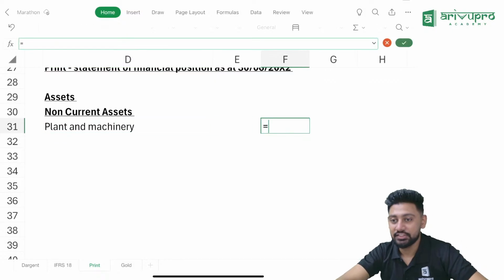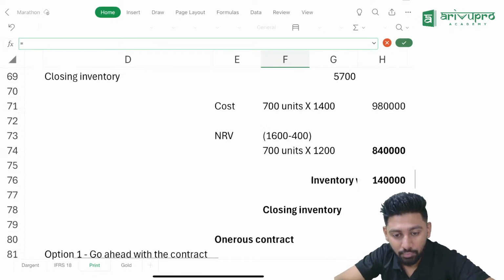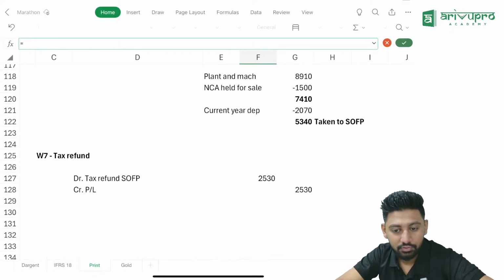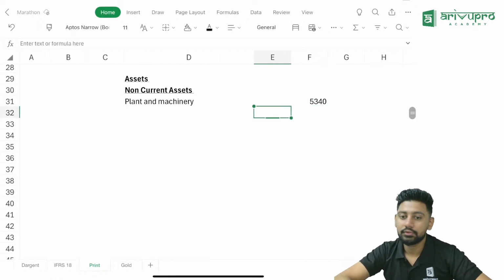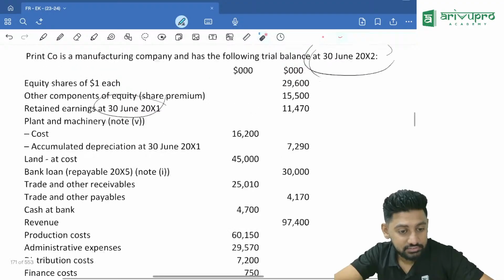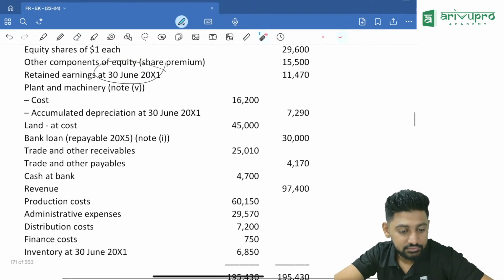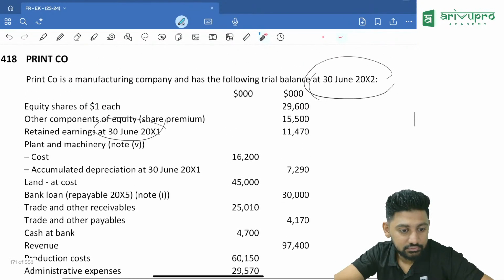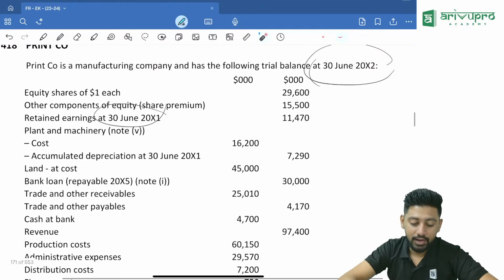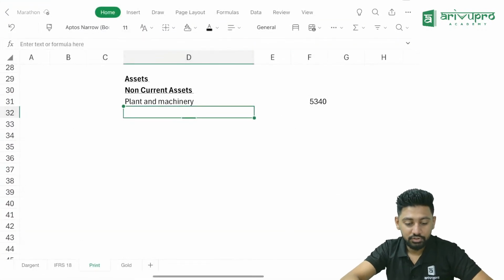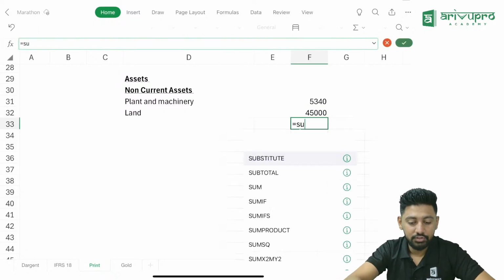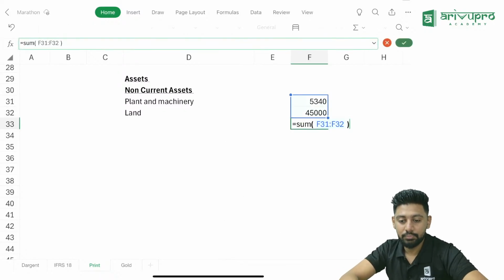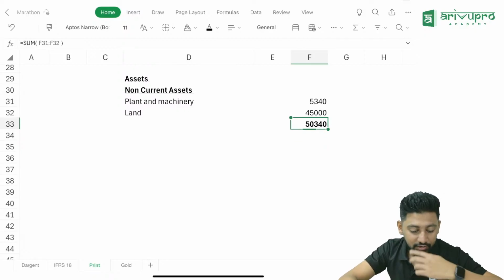I made my life easier. I go right to the bottom, 5,340. I can directly take. No problem there. Do I have anything else? There is land. Land at cost is given at 45,000. So I'm going to take my land at cost 45,000. Therefore, total non-current assets will be 50,340.